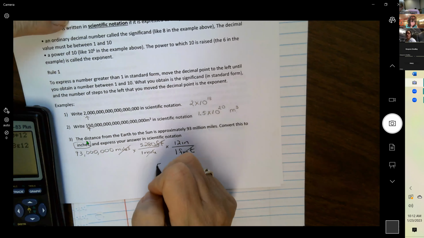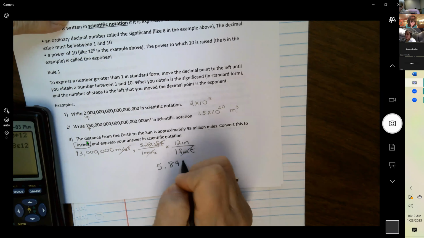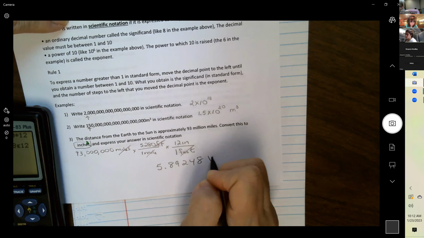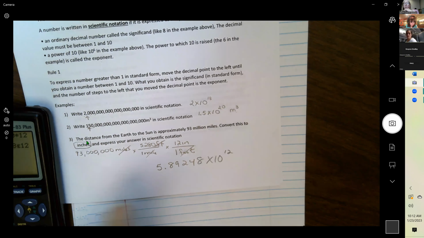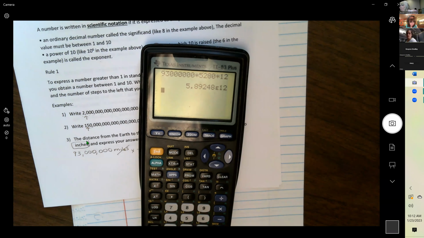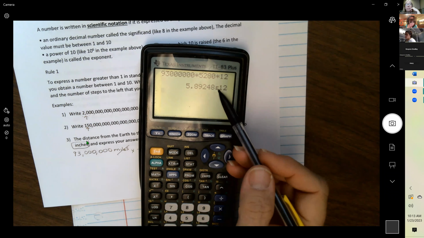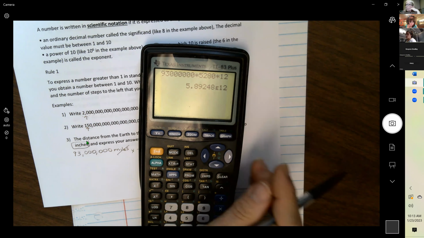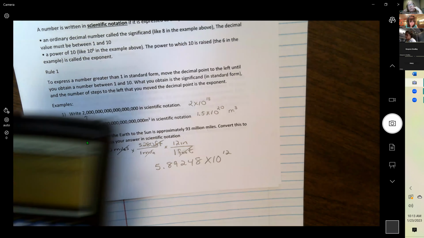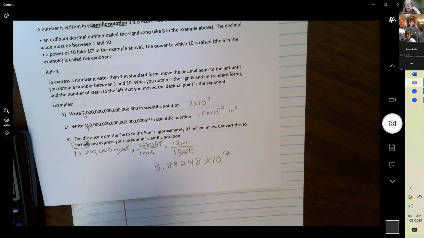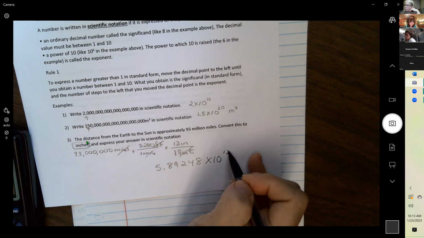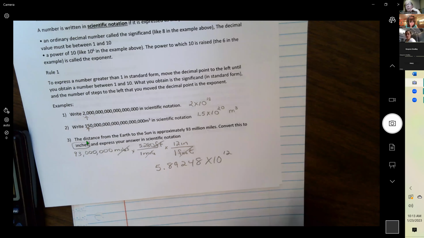So it's 5.89248 times 10 to the 12th. So that E is just a 12. Now some calculators, I don't have my other one with me, actually put a 10 down here. But most of them use an E. That E is just telling you 12 is in the exponent.